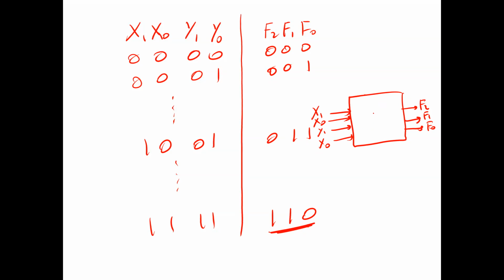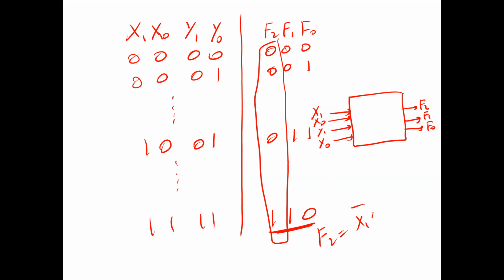You can create an adder, you can write the truth table and make it a primitive, you can derive a function for each output. You get f2 equal to x1 bar, x0, y1, or so on. There are so many ways to do that. You can make a 2-bit adder, but you can also implement it as a ROM.